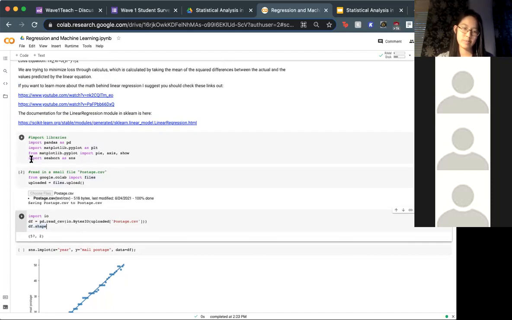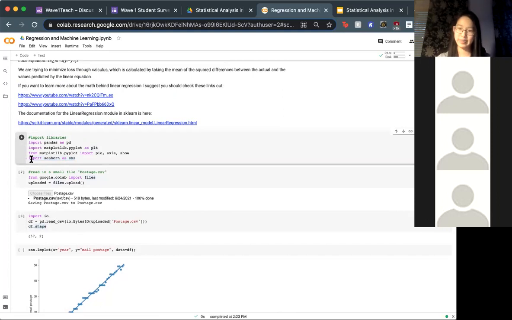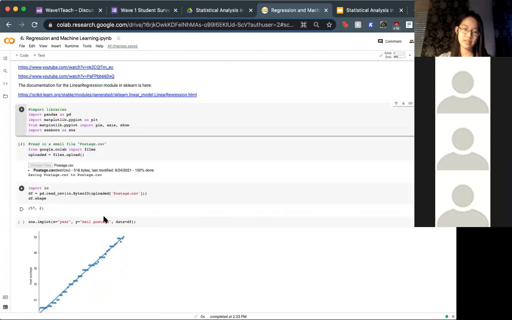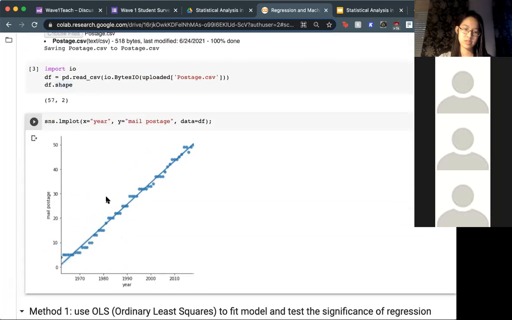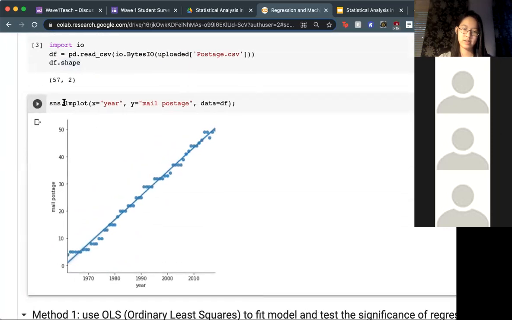Since we imported Seaborn, which is the visualization package, if you forgot, it's been a while since we talked about visualization, so no pressure to force yourself to remember this. But you can plot this out really nicely. As a basic thing, the SNS plot gives you, first of all, the scatter plot of all the data points, and also a nice little trend line to look at.